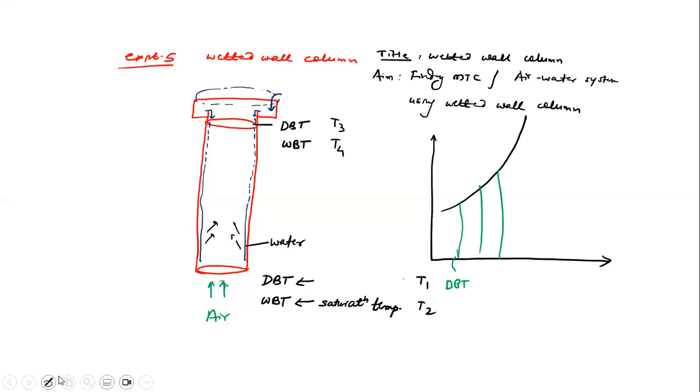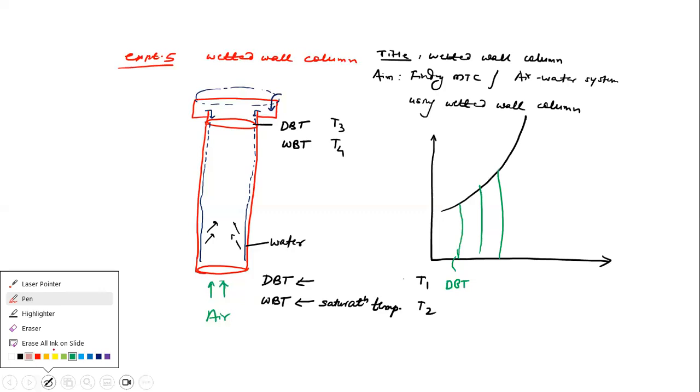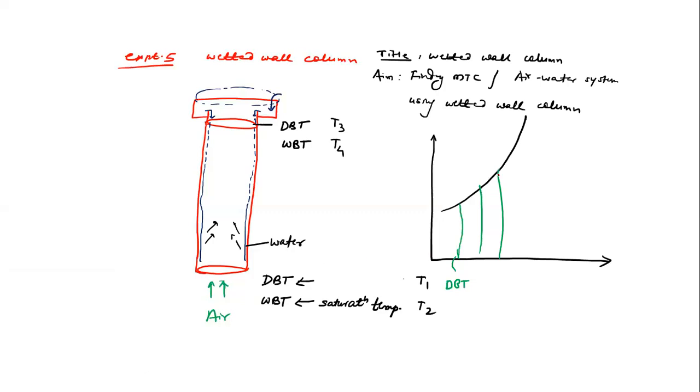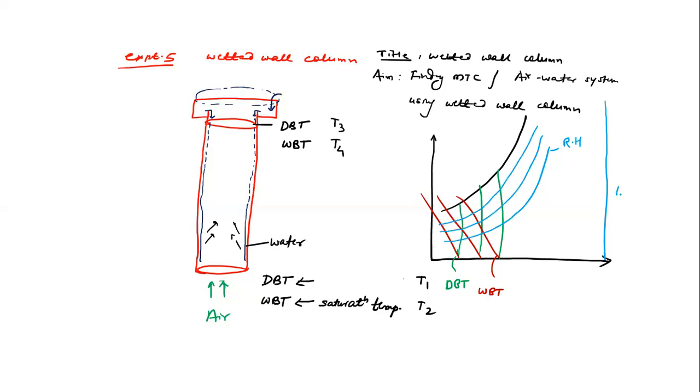And another set of lines which are inclined lines like this, which are wet bulb temperature. Then inclined lines like this, which are relative humidity. On this side, we have humidity line.